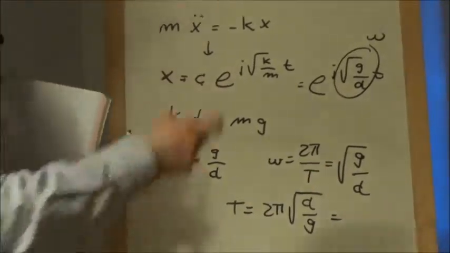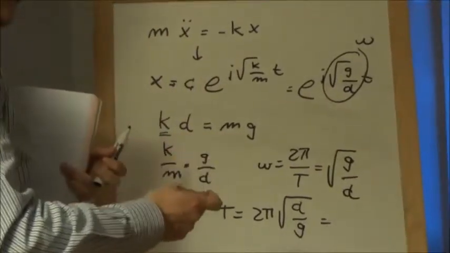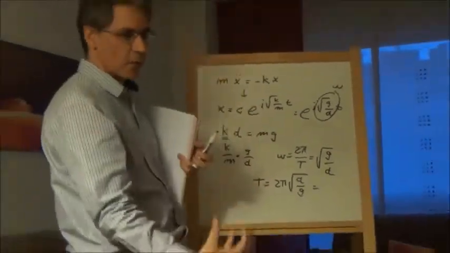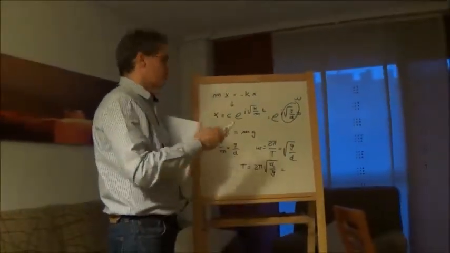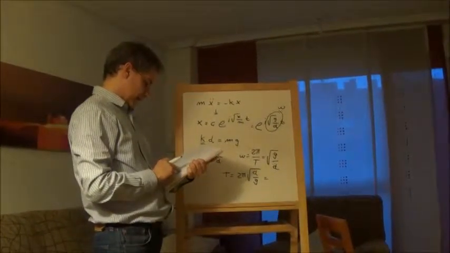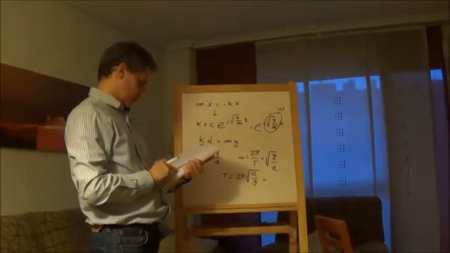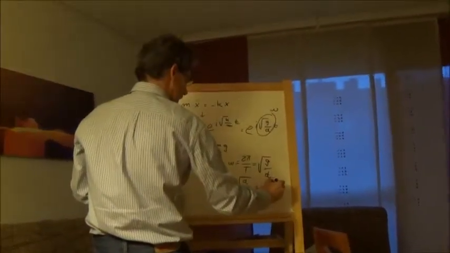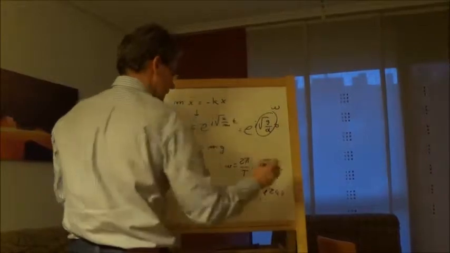So we see that the period is longer if the spring is stretched more because of the mass. So for this particular setup, we get a value of 1.24 seconds.